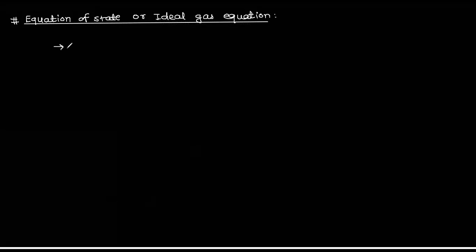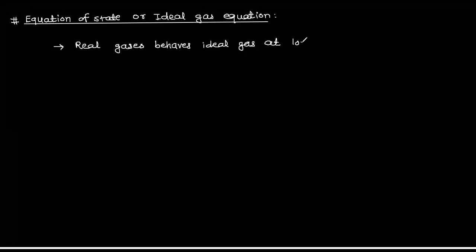So the first point I am writing is that real gases behave as ideal gas at low pressure. This is also asked as a 2 marks question: when do real gases behave as ideal gas?